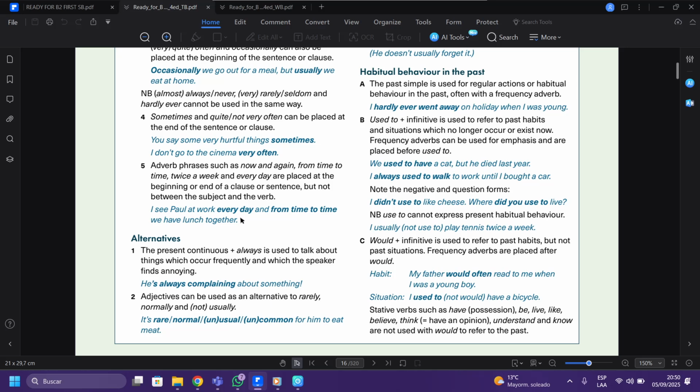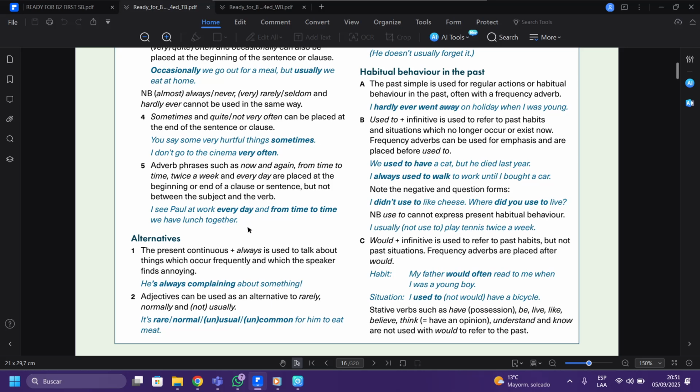Adverb phrases such as the following: now and again, from time to time, twice a week, every day, are placed at the beginning or at the end of a clause or a sentence, but not between the subject and the verb. Not between, only at the beginning or at the end.